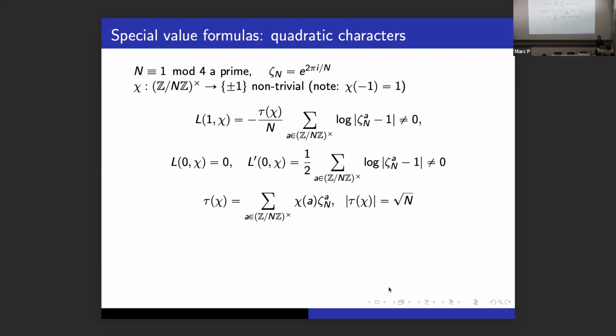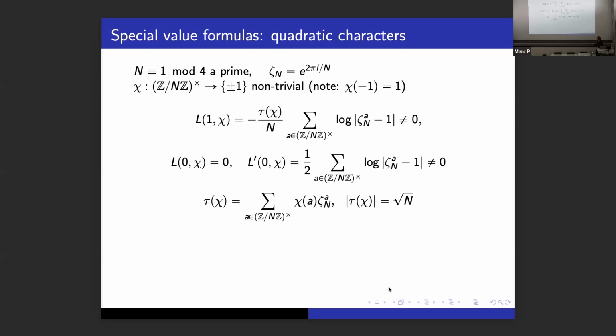So chi of -1 is 1. I'll look at the unique non-trivial quadratic character mod n. It'll be an even quadratic character. I'll write zeta_n for this particular nth root of unity. And then I can rewrite the formula that I told you before for L(1, chi) using zeta_n.